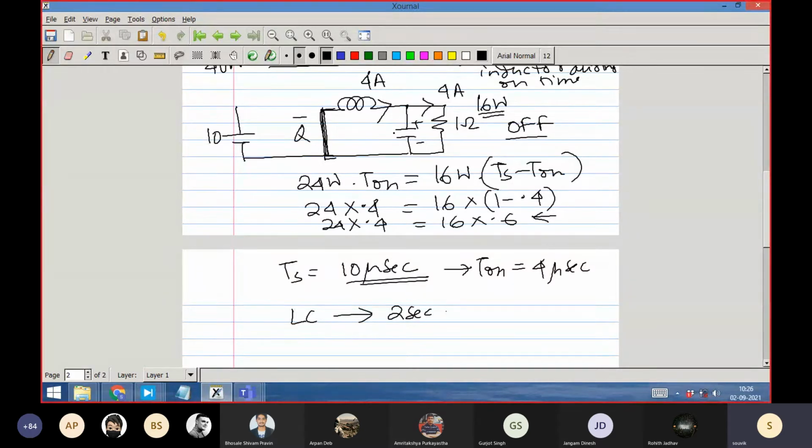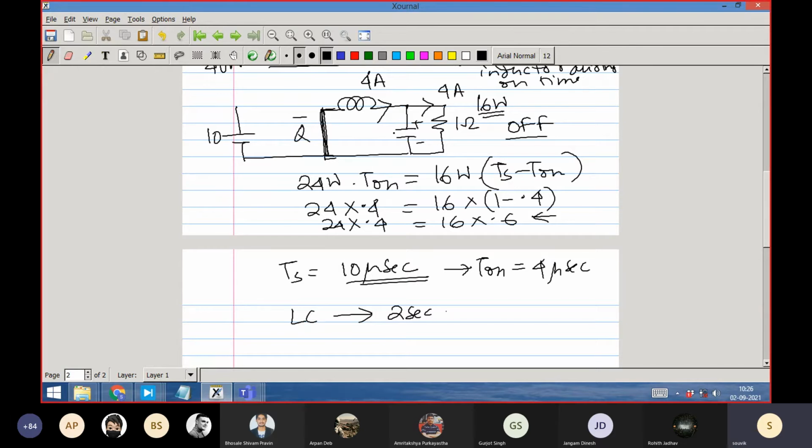If there is an energy balance, if whatever energy you are taking and whatever energy you are delivering within the TS period are balanced, matched, then no issue. How can anybody change from its DC value? The inductor cannot change from its DC value of 4 ampere. The capacitor voltage cannot change from its DC value of 4 volt.